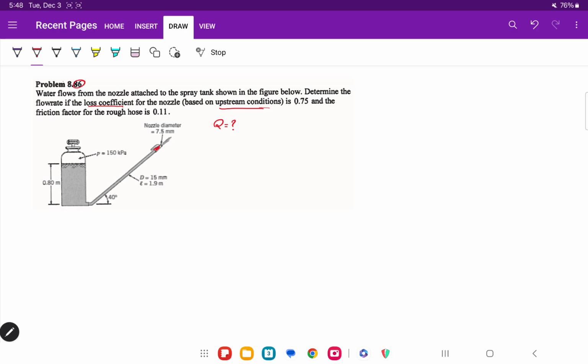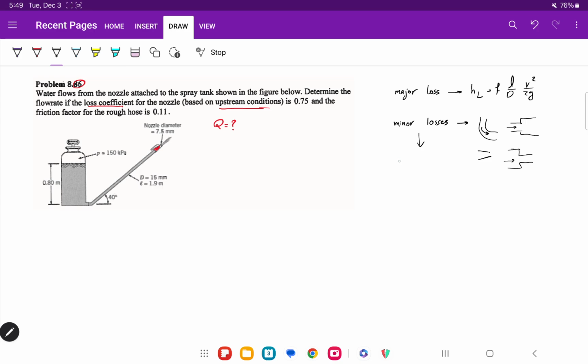As I mentioned many times, we have minor losses and major losses. Major loss is, for example, HL equals FL over D, V square over 2G, and we have minor losses, for example, in a bend, or when you have a sudden expansion or contraction, or when you have a nozzle. In these situations, you should have the loss coefficient.